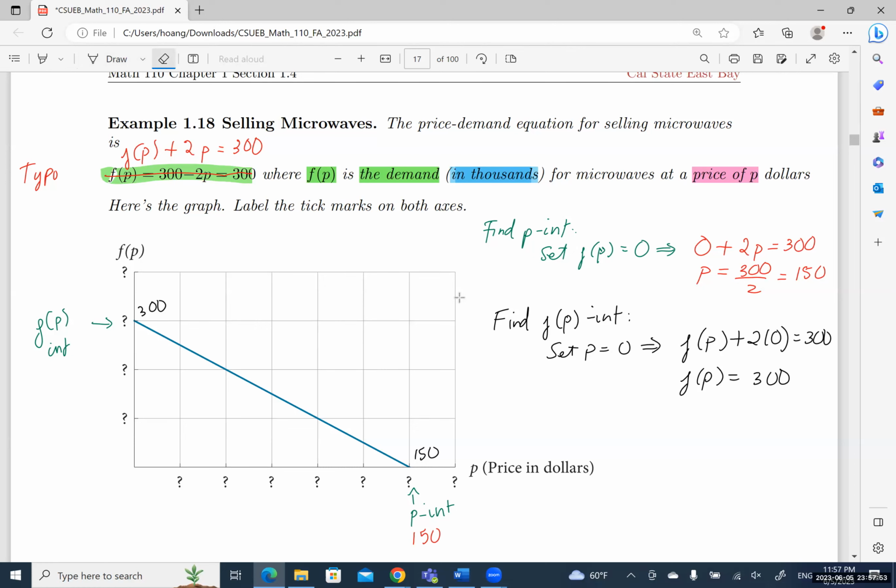So since we have 6 tick marks, right? 1, 2, 3, 4, 5, 6. So then what do I have to do? In the p-axis, we have 6 tick marks.